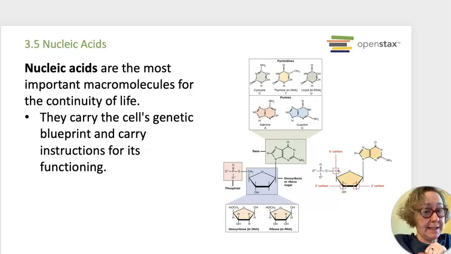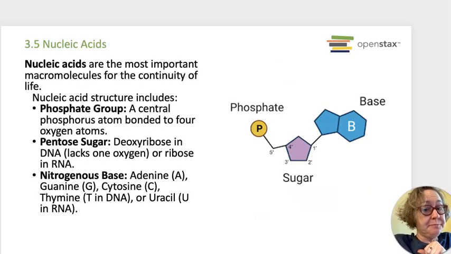Essentially, nucleic acids carry the cell's genetic blueprint and carry instructions for the entirety of life, and it is just crazy. So they are made up of 3 parts. We talked about this in some of the earlier chapters. You have this phosphate group here on the end, a central phosphorus atom bonded to 4 oxygen atoms. There are 4 oxygen atoms here, they're just not shown.